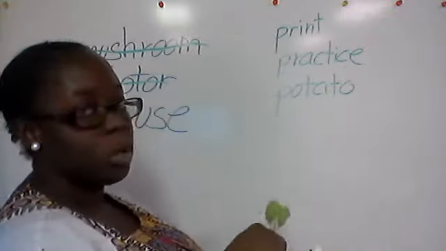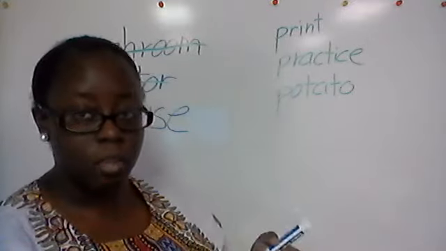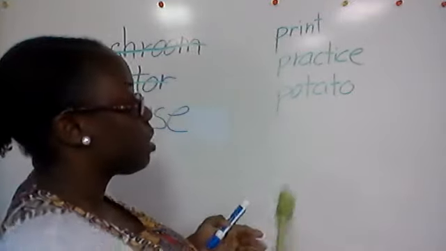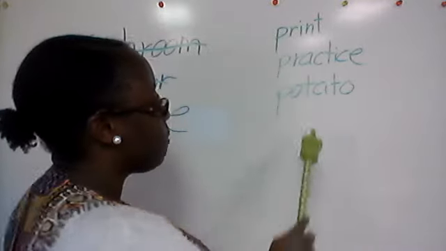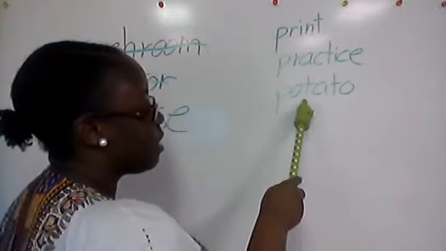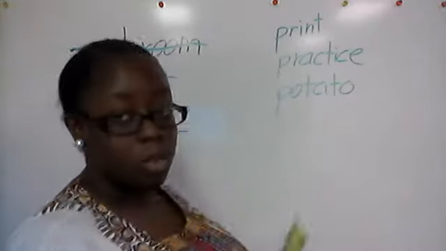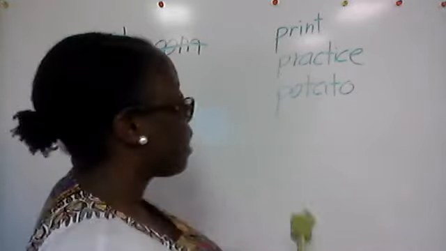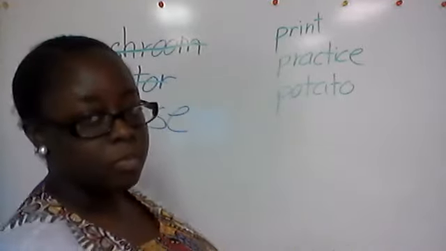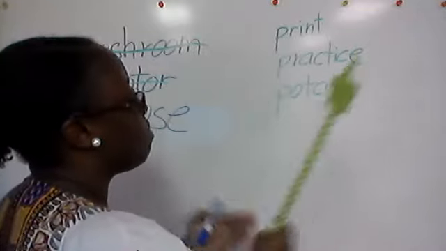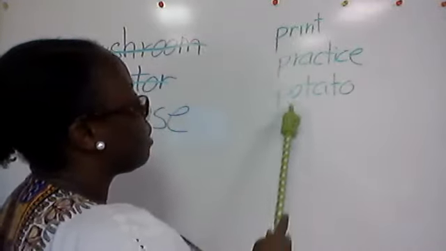Potato comes before the word powerful because W comes after T. It has to be after. If the letter was an X, because the letter in powerful is W, if it were an X, it just might be on this page. Okay, so it needs to come in between the words powerful and preach. So we've already ruled out print, we've ruled out potato.